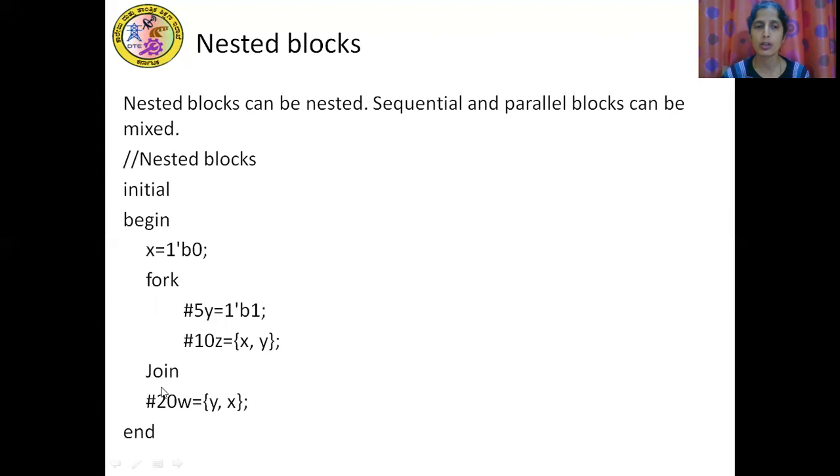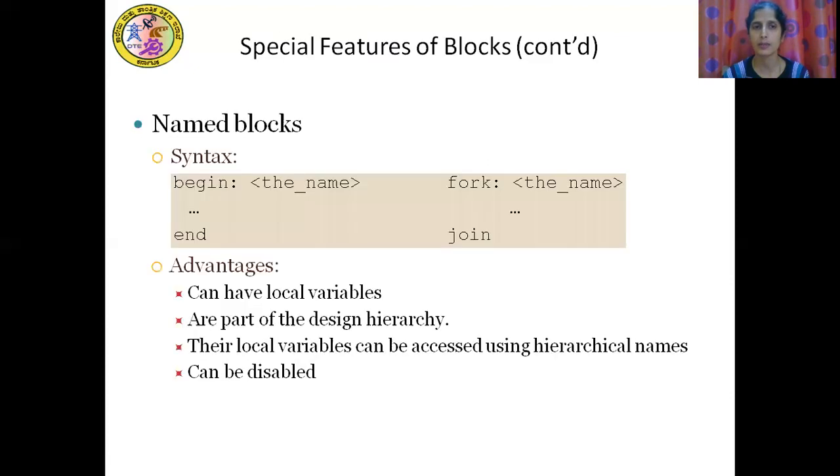This will constitute a parallel block. And again, we have written one more statement, #20 w is equal to y comma x. The sequential block ends here with the keyword end. So this is how we can nest both sequential and parallel blocks.